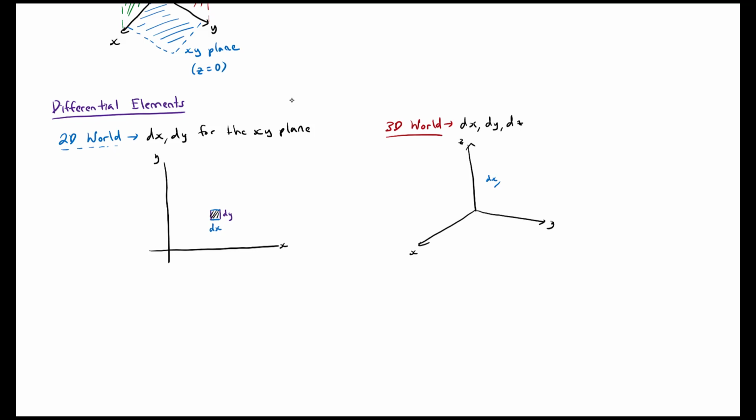Maybe we have dy like this. And then we might have dz like this.